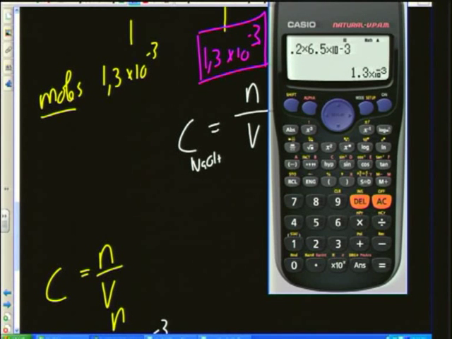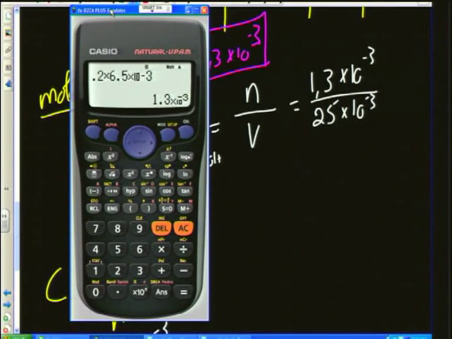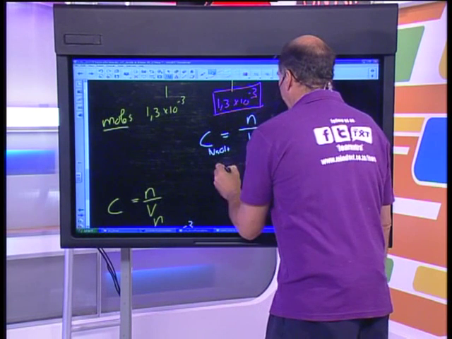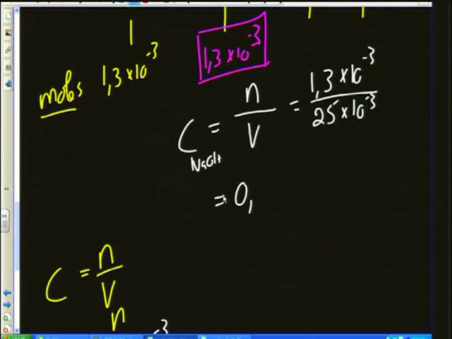So there's my answer, and I want to divide that answer by 25 exponent minus 3. And I get an answer of 0.052. Right, let's write that down. So the concentration is 0.052. Don't forget the units, mole per decimeter cubed.